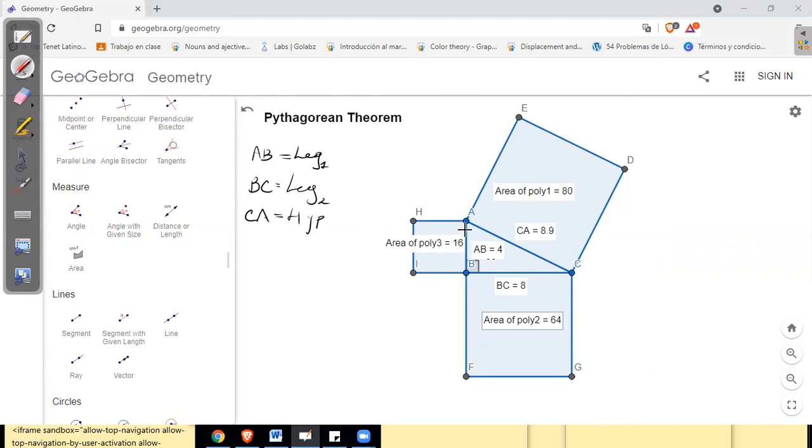You have to remember too that the area of each one of these squares is equal to multiplying AB by AB, right? But we said that AB is equal to the leg 1 and BC is equal to the leg 2. So in order to find the area, I have AB to the second power, it's the area of poly 3, as GeoGebra says.